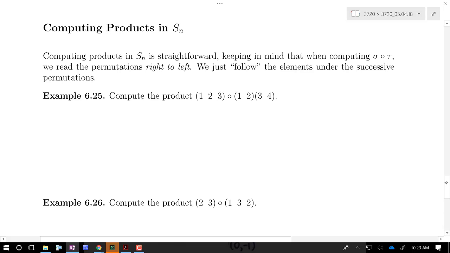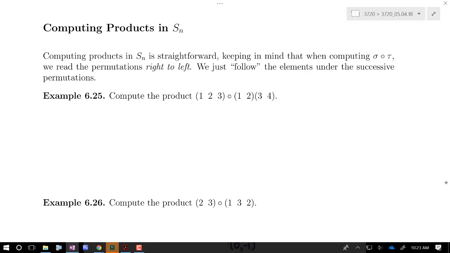So we're going to compute these products in the symmetric group. Finding the product is a fairly simple procedure. I still kind of use my fingers as I go through. You just trace where elements get sent.